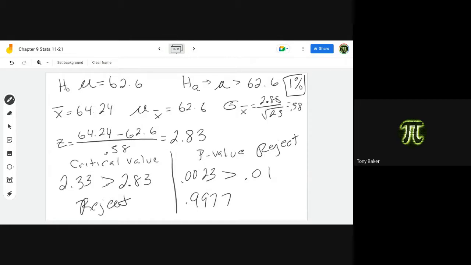It would just be the opposite direction, it would have been less than. But I think it's easier, because we're on that side, to subtract it from 1. So 0.0023 is not greater than 0.01, so I'm rejecting my claim. Does that make sense? That's P. All right, we good?